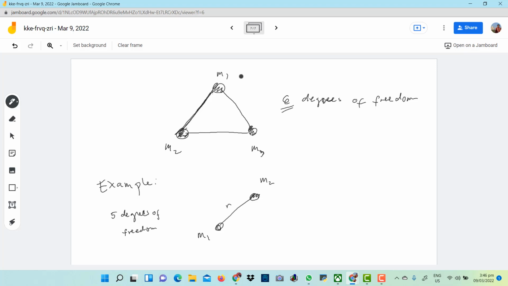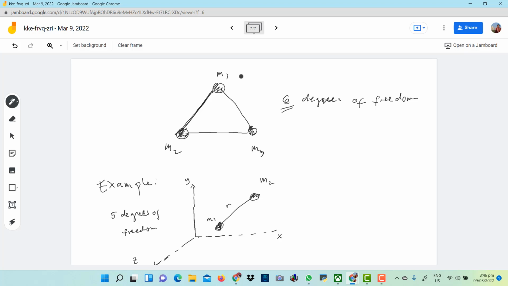As you can see, if I place this in 3 dimensions, the coordinate system is this. This is z, this is x, and this is y, for example.